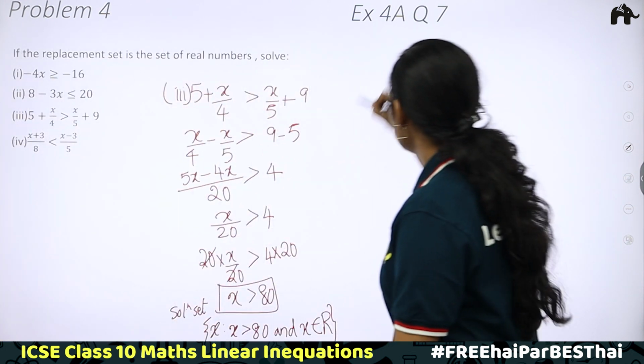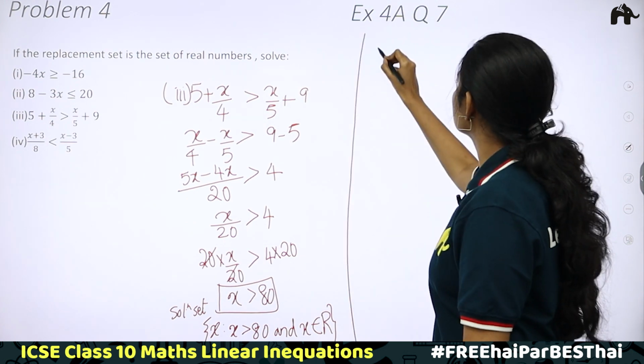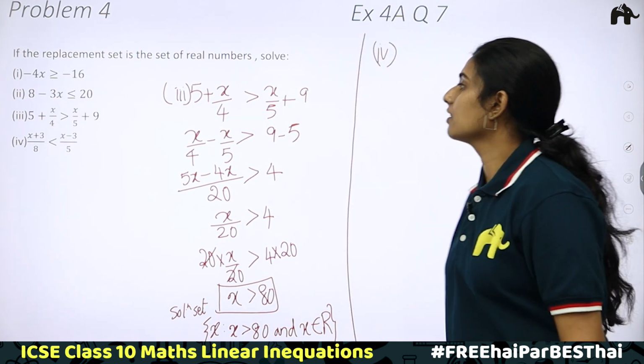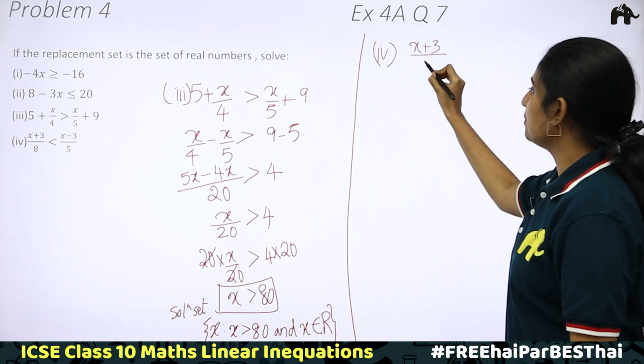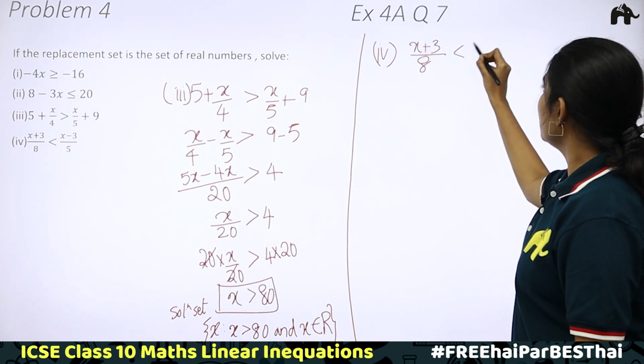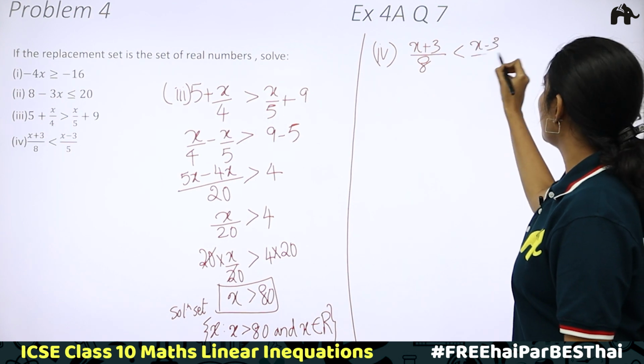Now the fourth part: x plus 3 divided by 8 less than x minus 3 divided by 5.